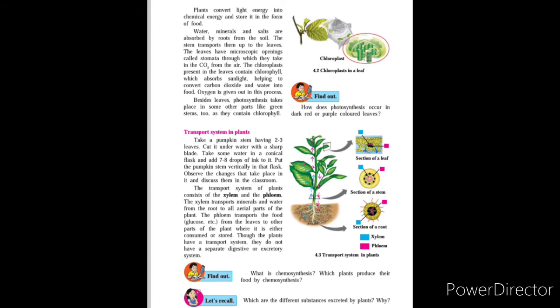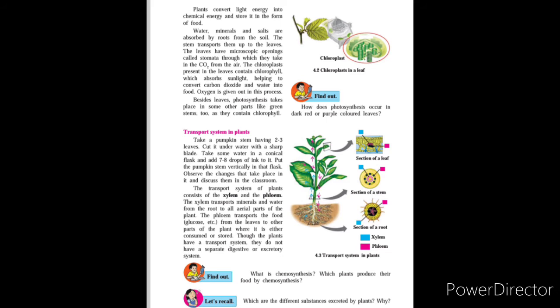Now the second part, the chloroplast. Chloroplasts present in the leaves contain chlorophyll. We see the green color of leaves because of chlorophyll. What is the work of chloroplast?